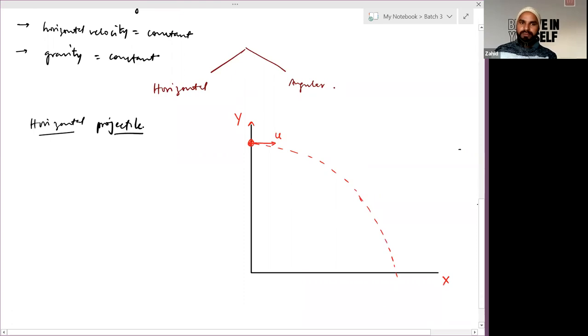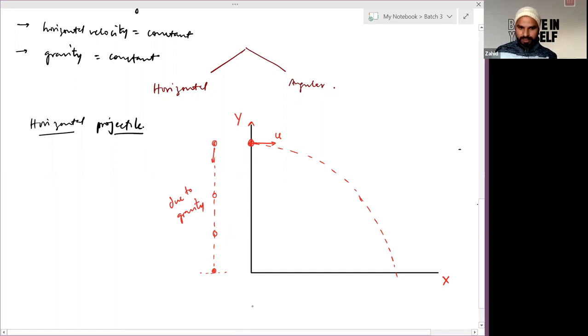The body is initially at this point and going along this direction under the effect of gravity alone. It will be at this instant, and finally reach this point. So this vertical motion of the body is due to gravity.